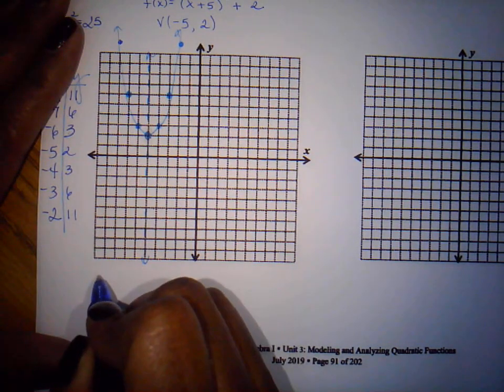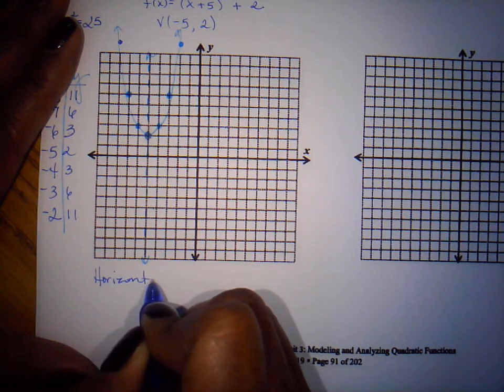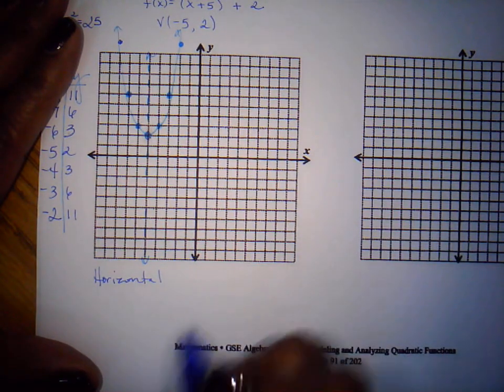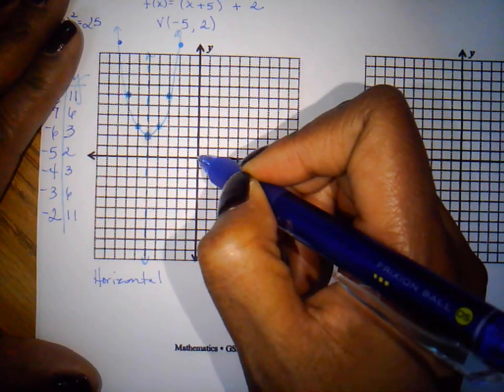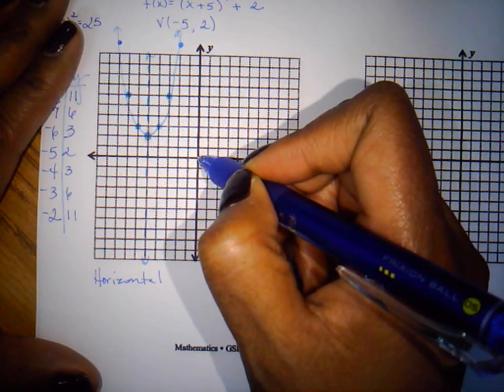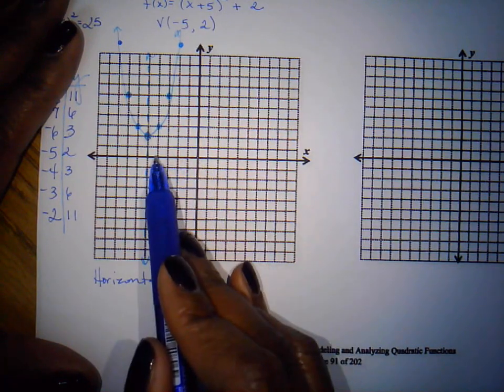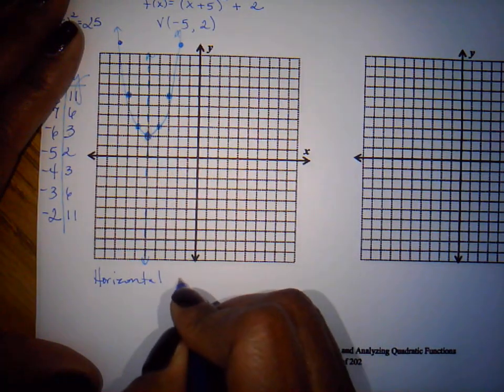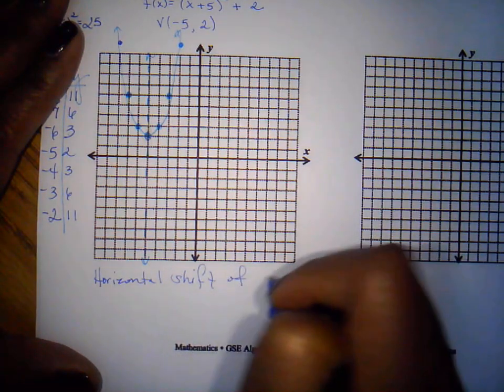So I would say I have a horizontal shift of what? If my origin is here, how many units is the shift? Horizontal shift of what? Of -5.